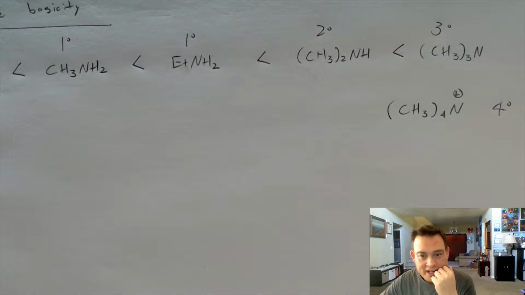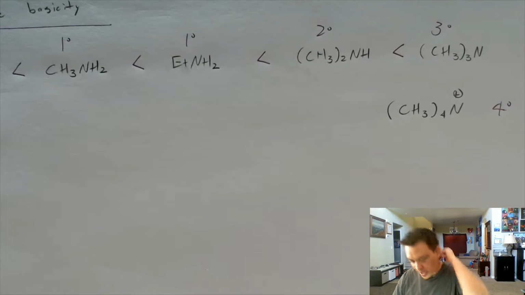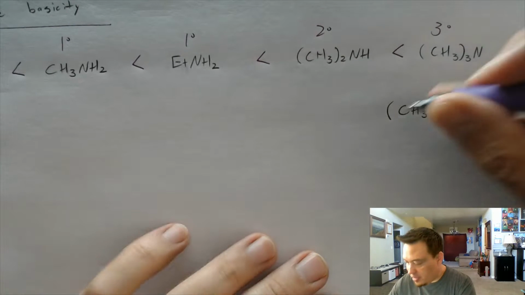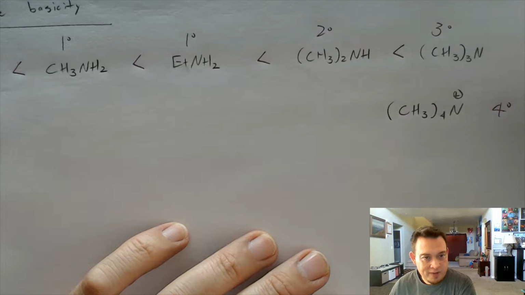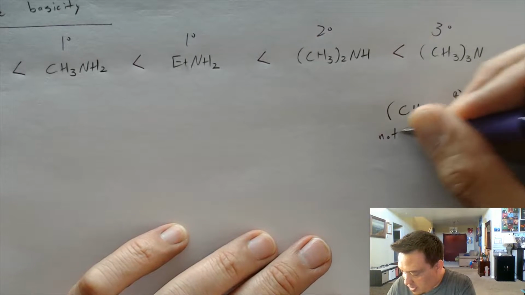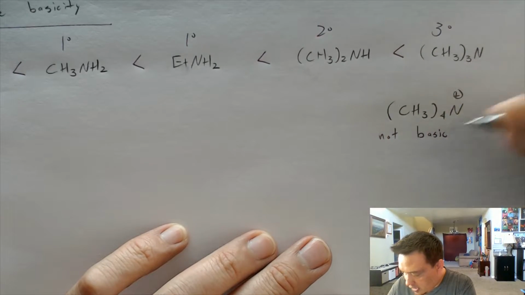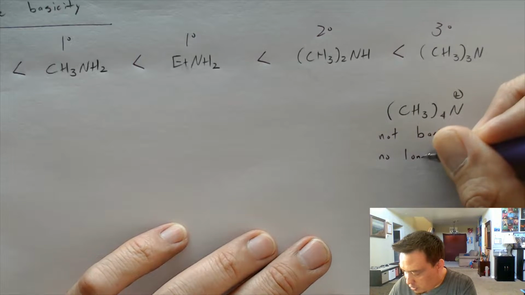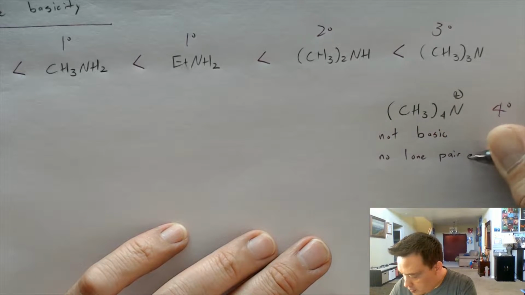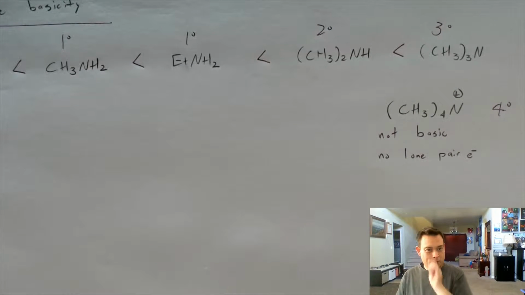So are quaternary amines basic? No, that is correct. Quaternary amines are not basic because that lone pair is not available. So these are not basic. And the reason why is because no lone pair electrons. You need those lone pair electrons for it to work.